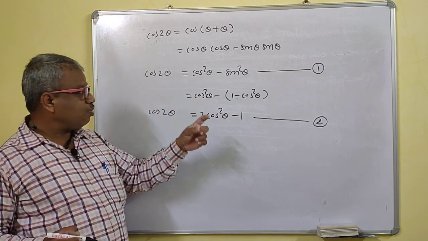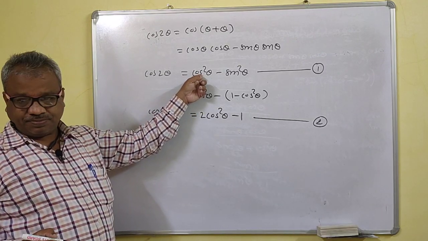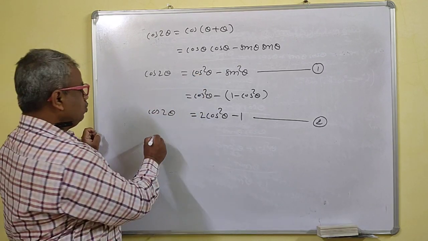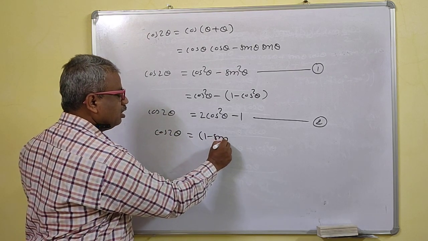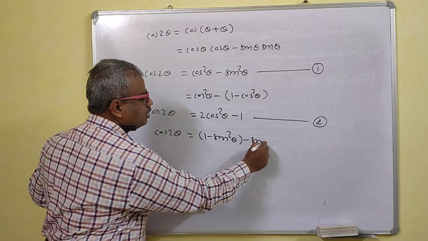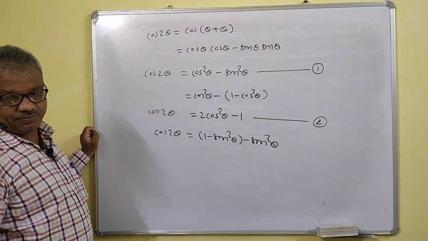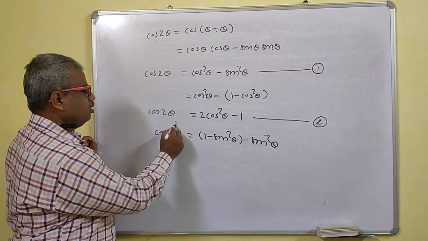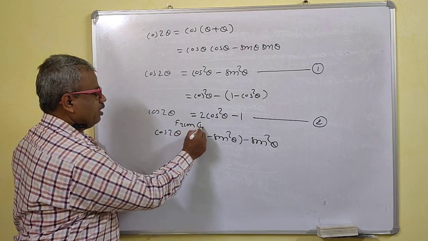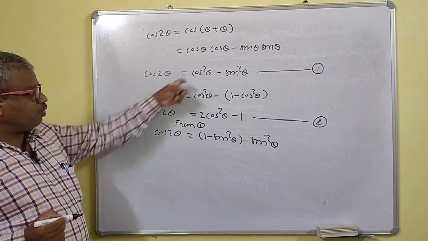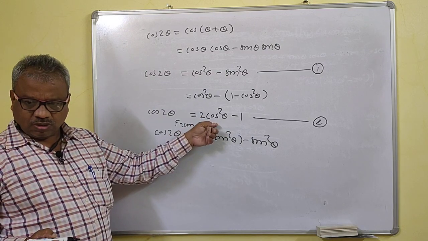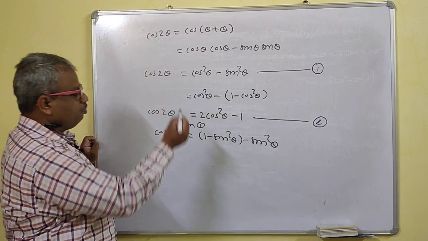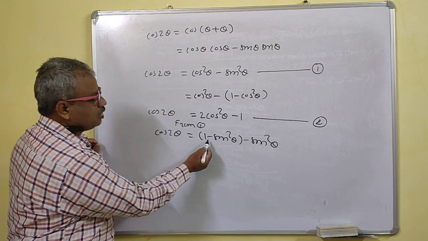Now what will we do? We will convert this cos square in terms of sin square. So cos 2 theta is equal to 1 minus sin square theta minus sin square theta. From formula 1, not from 2, though you can put it in 2 also, it is 1 minus sin square, no problem. But from 1 we will obtain this formula.